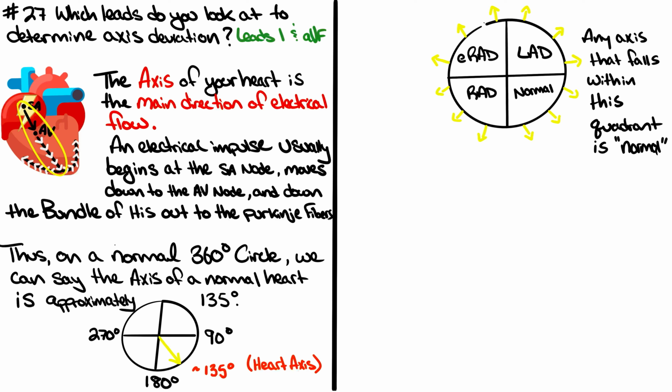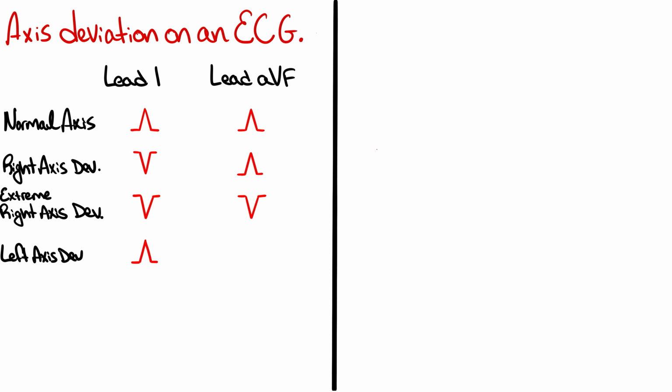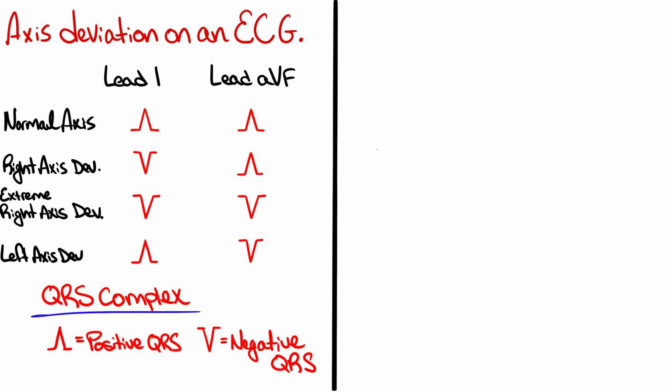Finally, with left axis deviation, which is an axis that falls within the top right quadrant of our circle, you're going to see a positively deflected QRS complex in lead 1 and a negatively deflected QRS complex in lead AVF. That was a mouthful, but I know that the image tends to be more helpful than the actual explanation. So try to remember that chart if you can.